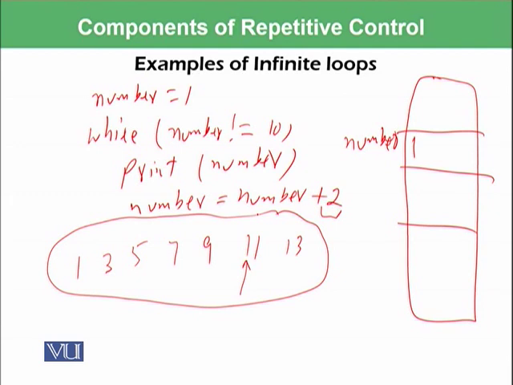Such loops are known as infinite loops, and you need to be very conscious about how you have initialized the values, what the condition is which you are checking, and what the modification is that you are making. And then you should check this on paper whether it is up to the mark and actually does whatever you want.